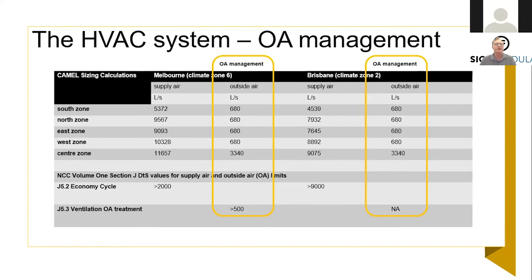However, for Melbourne, if the systems have more than 500 litres of outside air per system, then the outdoor air is required to be managed. So for Melbourne, you would either use heat recovery or CO2 control on that outdoor air.